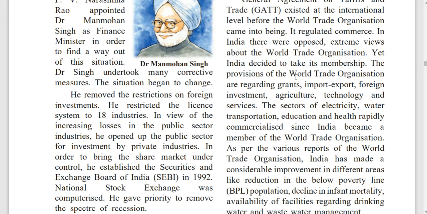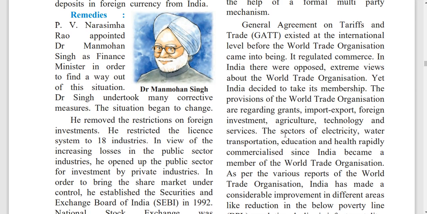The provisions of the World Trade Organization are regarding grants, import export, foreign investment, agriculture, technology, and services. The sectors of electricity, water, transportation, education, and health rapidly commercialized since India became a member of the World Trade Organization.